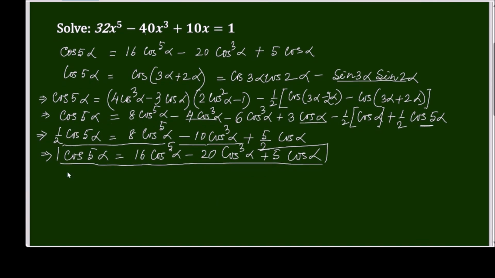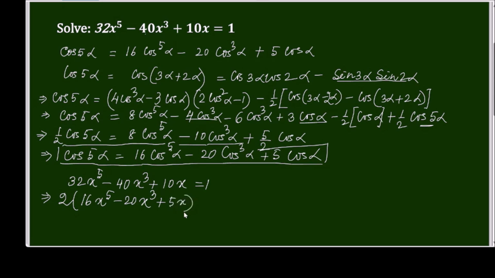So coming to the original equation, 32x to the power 5 minus 40x cube plus 10x equals 1, taking 2 common, I'll get 16 x to the power 5 minus 20 x cube plus 5x equal to 1.